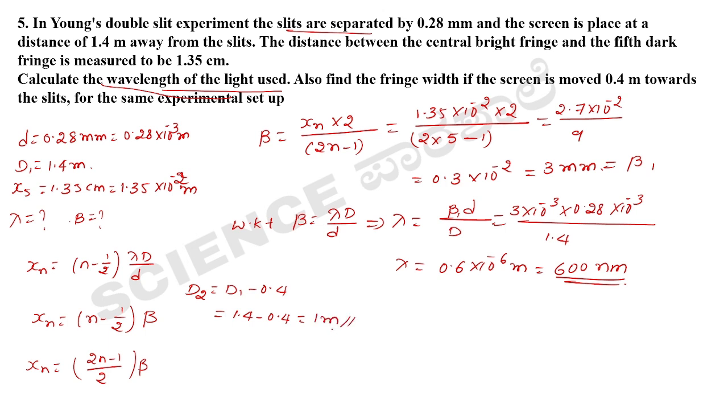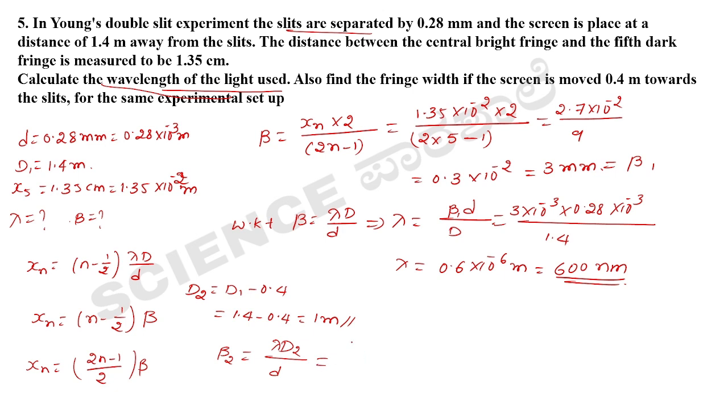Then what we have to calculate? We have to calculate the beta 2 here. Then beta 2 is equal to lambda d2 by d. D is same for both the cases.